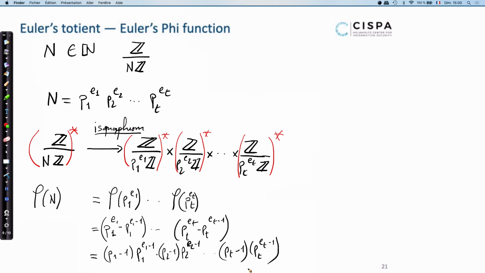Okay. So this uses the Chinese remainder theorem just to count the number of elements which are invertible modulo n in a very easy way. And of course, if the exponents are all 1, then the number of invertible elements is just the product of the prime numbers minus 1.